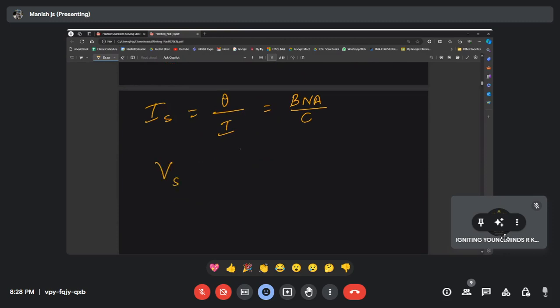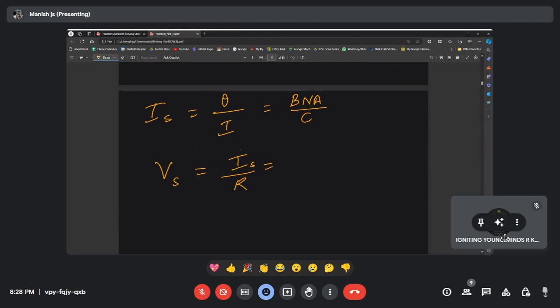In the same way, voltage sensitivity. You know from Ohm's law that V is equal to I times R, so I is V upon R. Again, substitute here in the current sensitivity. I here is nothing but the current.